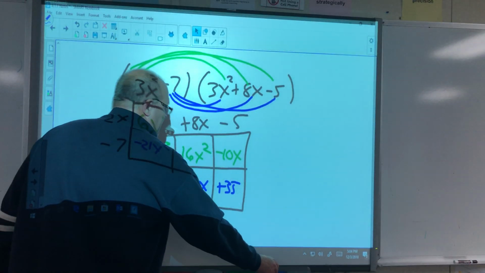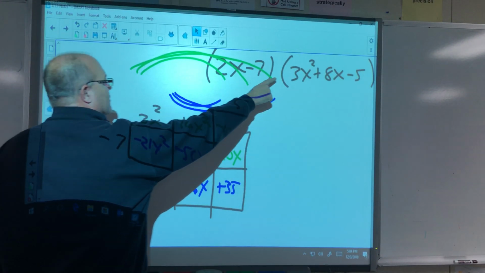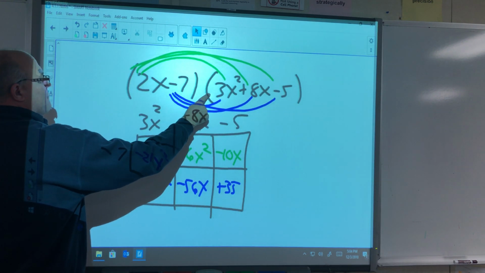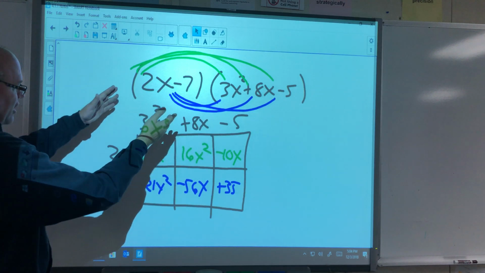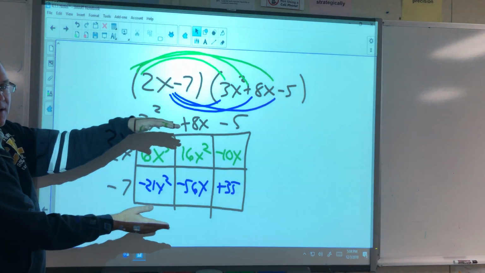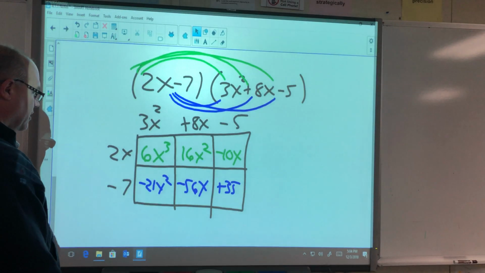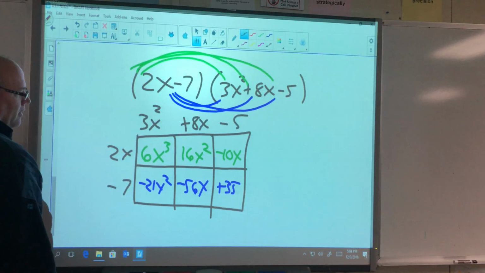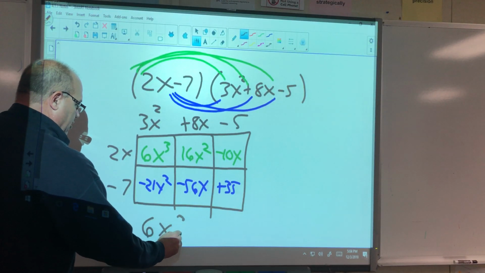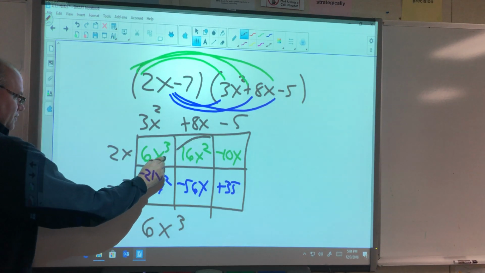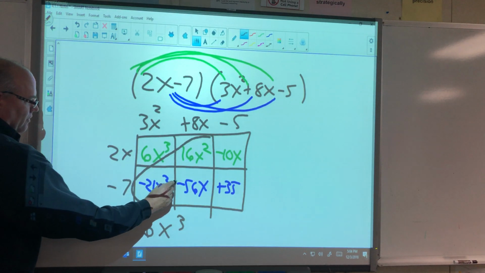All right, so if I did it this way, if I did it this way, I would have had 6 terms written out. I do a generic rectangle, I got the 6 terms in a box. So now we have to combine like terms. So this one, we know our answer is going to be 6x cubed, and then I have 2 terms that have x squareds.